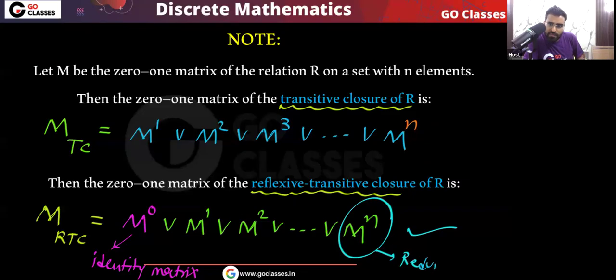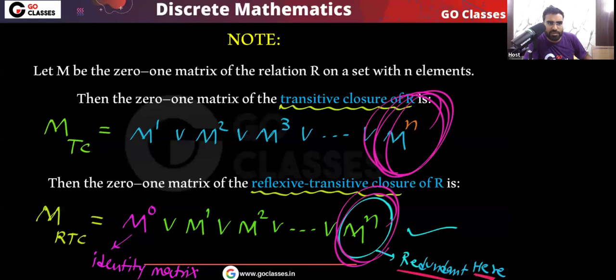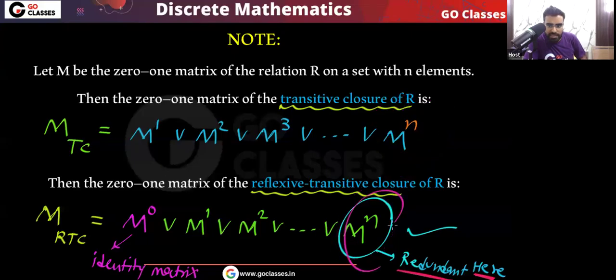So what is the reason? Anyone want to tell me what could be the reason that for reflexive transitive closure, this m power n is redundant here? The reason is very simple. It was capturing the worst case of transitivity, and that worst case of transitivity will be captured by m power 0.